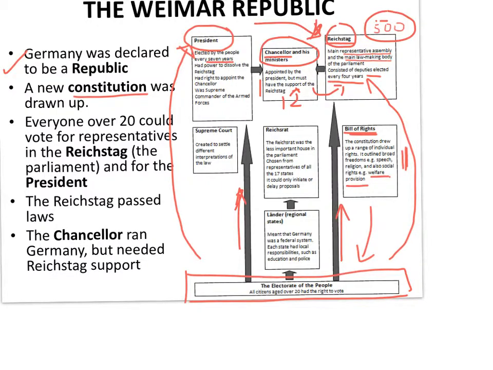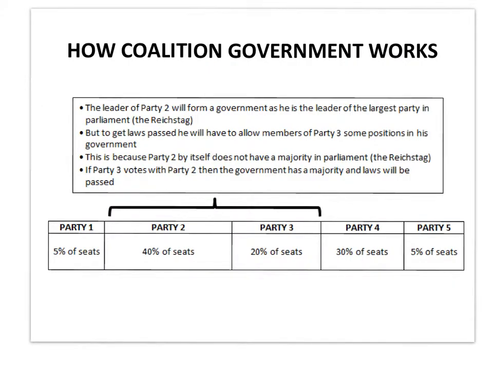Now, finally, just to quickly finish off, the voting system was a system called proportional representation, which was a very, very fair voting system.